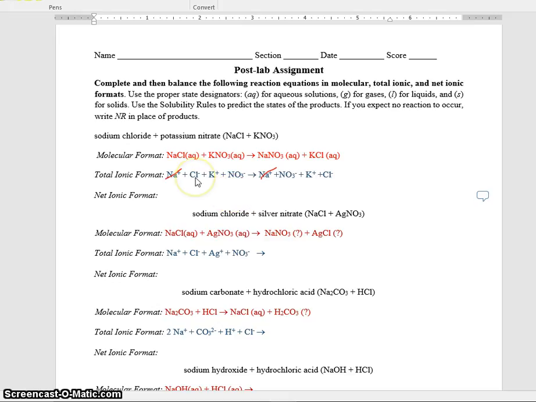Over here we have chloride ions swimming around, and here we have chloride ions swimming around. Cross those guys out. We have potassium ions swimming around, and potassium ions swimming around. Yep, they get crossed out. And then finally we have nitrate ions over here and nitrate ions over here. Guess what? There is no net reaction.